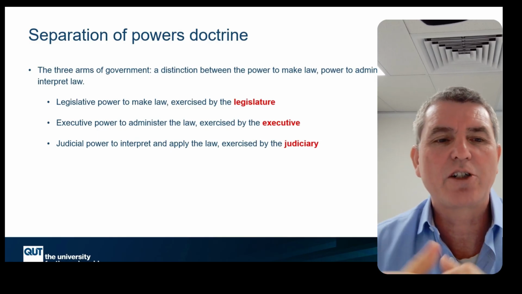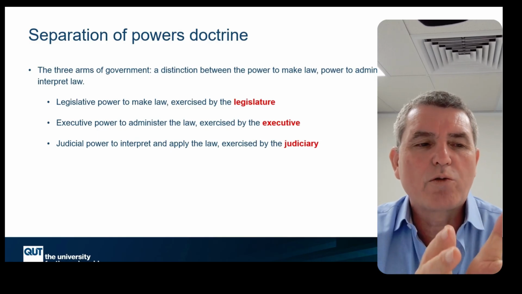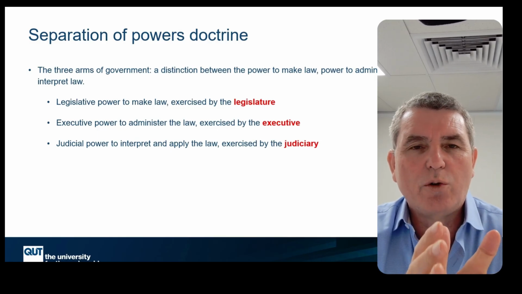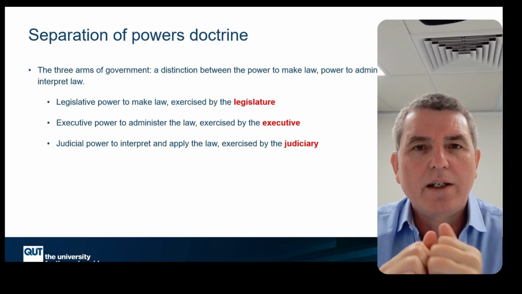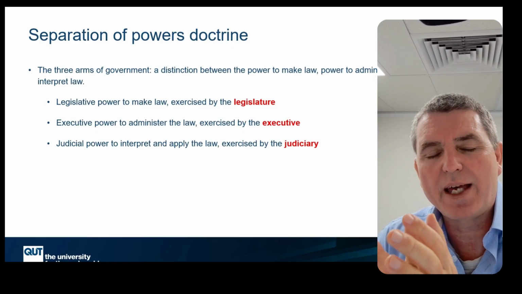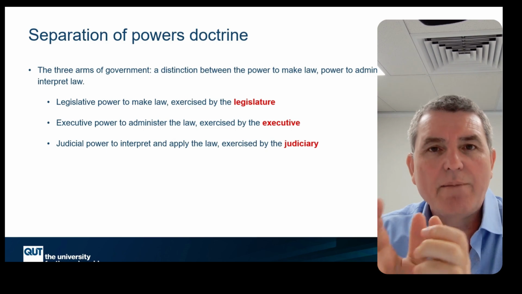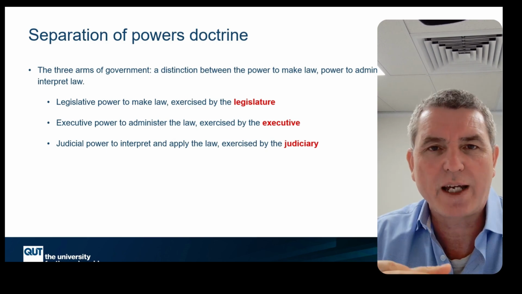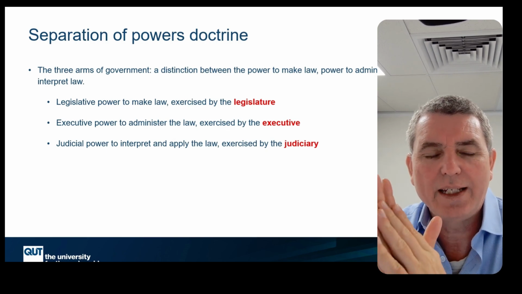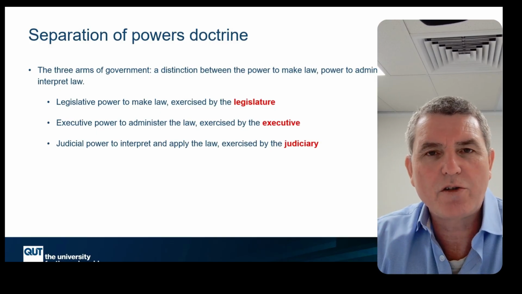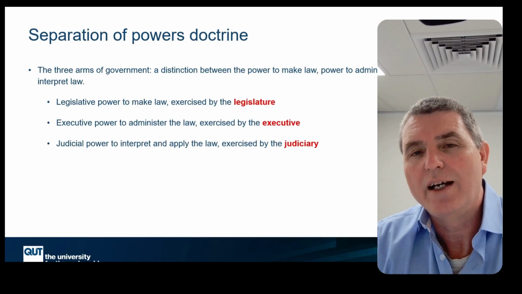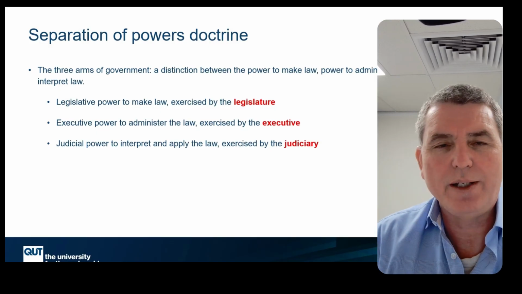It's how the government actually operates. So there is one group that makes the law, that legislates, the legislature or parliament. There is a separate group that administers the law. They make sure it gets put into effect. That's called the executive. And then finally, there's another group who interpret and apply the law, and they're the judiciary.